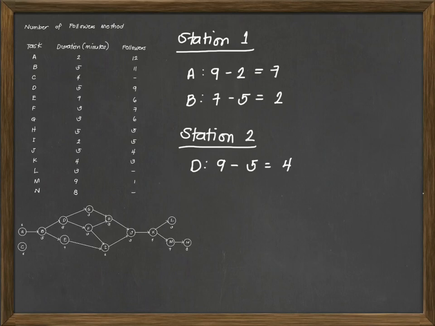Next will be yung may 7 followers, which is si F. So ang kailangan lang naman ni F ay si D. And F has 3 minutes, so pwede ko siyang ilagay sa station 2. That's 4 minus 3. So we'll have 1 minute available.